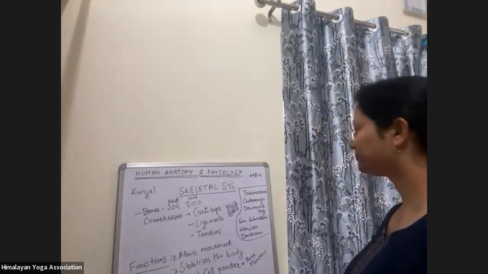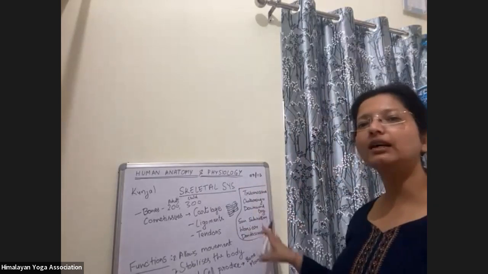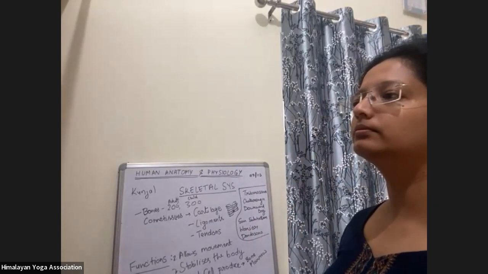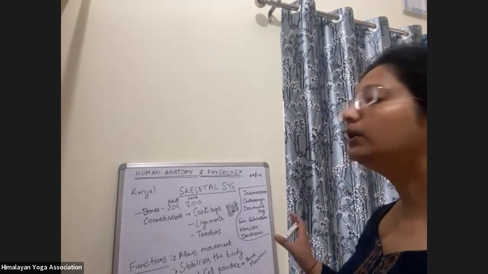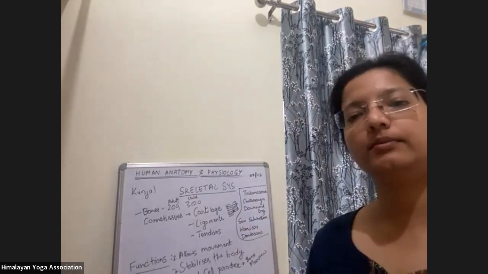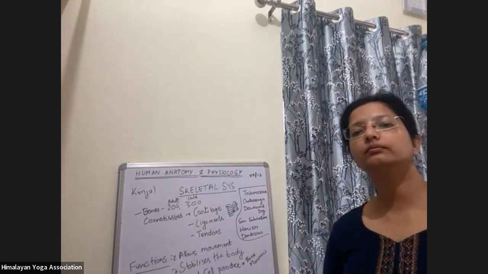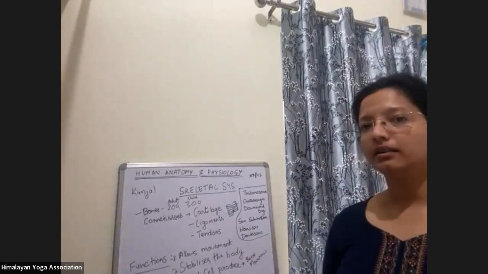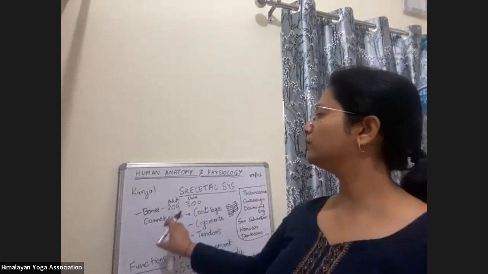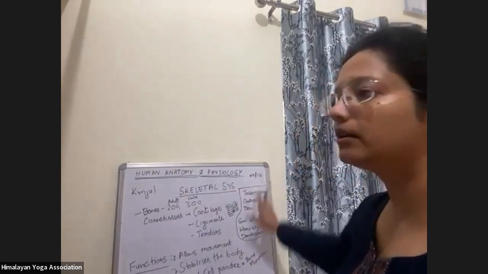Okay, so tell me, can you do these asanas without bones? No. Can you do them if there were bones, but there were no joints? No, we cannot bend. Yes. So it is very important that we have more number of bones so that we can do different kinds of asanas.